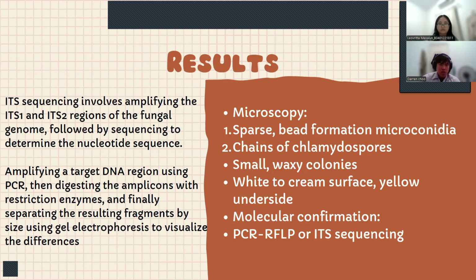The colony morphology is also a key factor. T. verrucosum produces a small waxy colony that appears white to cream on top and yellow underneath. However, to definitively identify the species, molecular techniques such as PCR or ITS sequencing can be used.